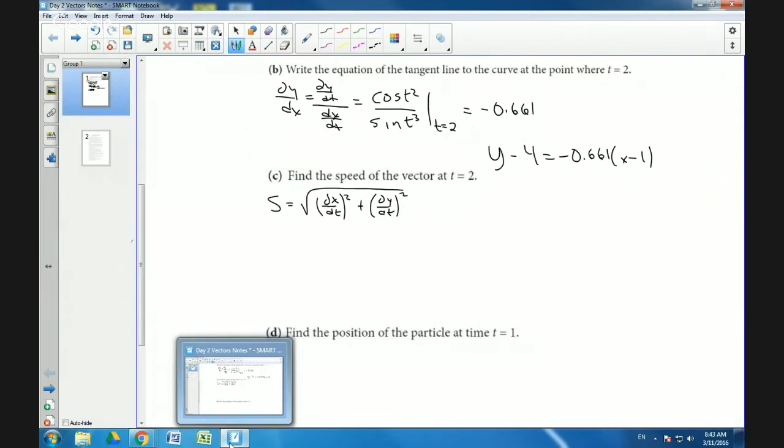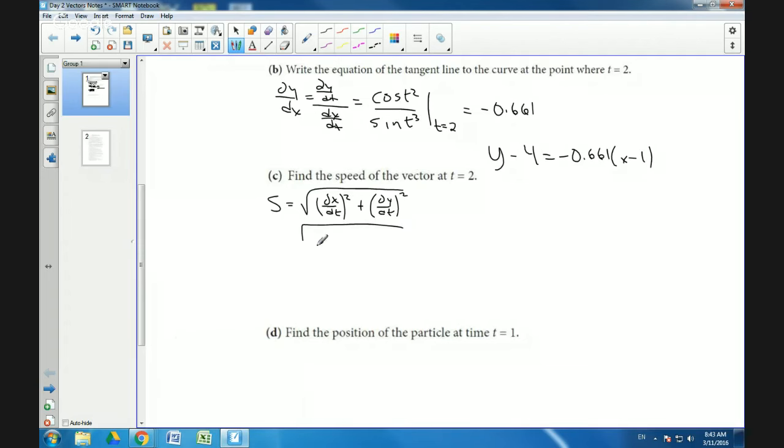Sine t cubed squared, sine squared t. We do want to plug 2 in, right? And then you get your answer.